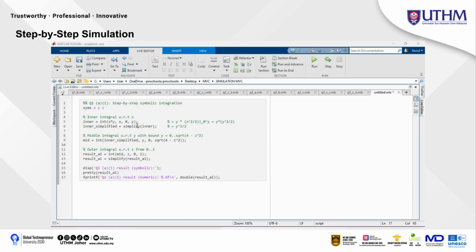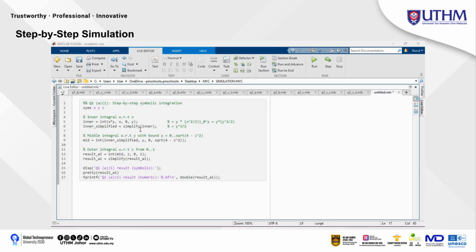The bounds are from 0 to y. So evaluate this, we get x squared over 2 at the limits, which is simplified to y cubed over 2.